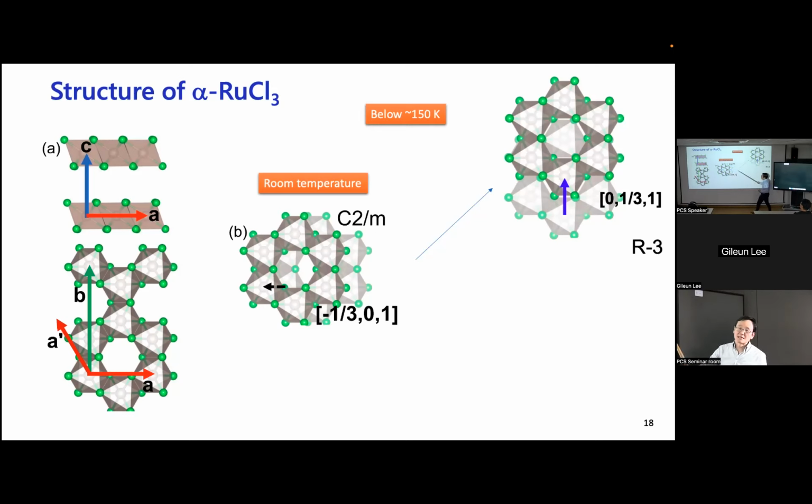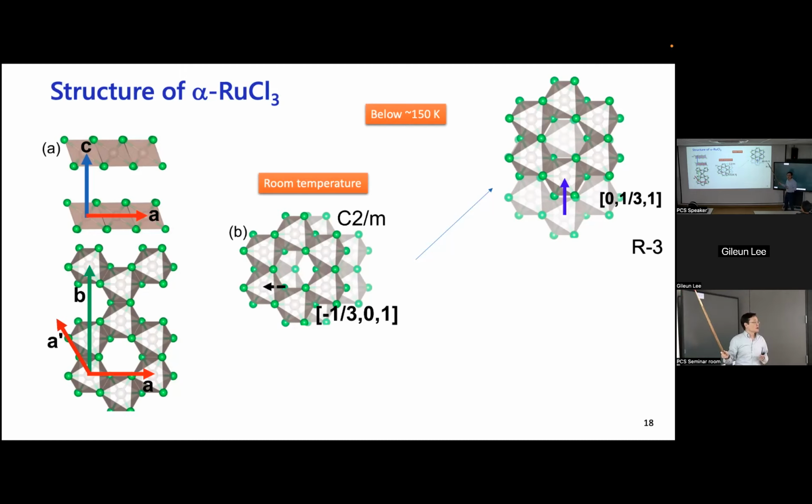Instead of stacking along the A direction, you take the same layer and stack along the B direction, and then you get something like this. Clearly there is a different symmetry: here it is twofold symmetric, but this one recovers the C3 rotational symmetry.